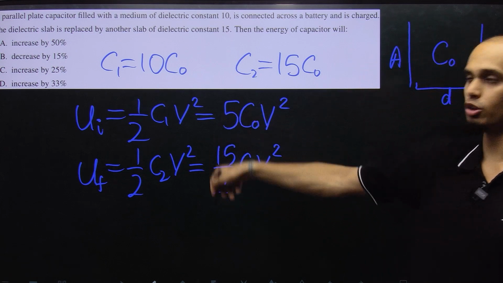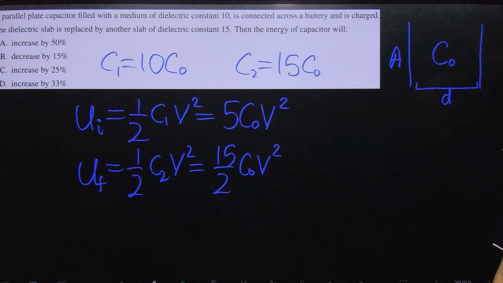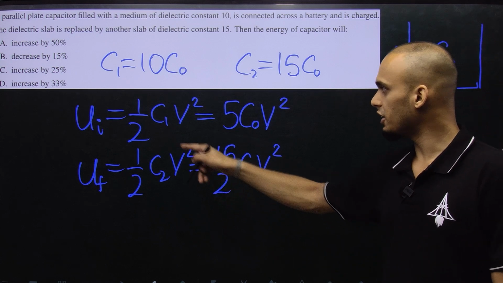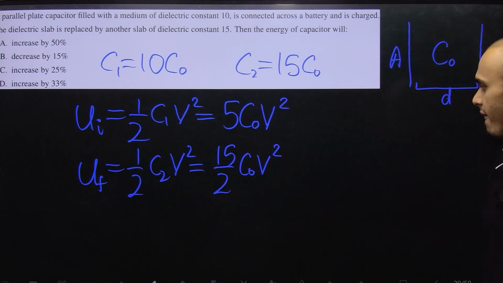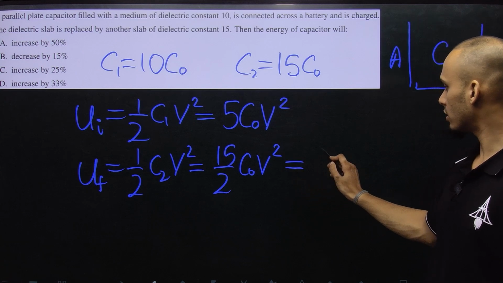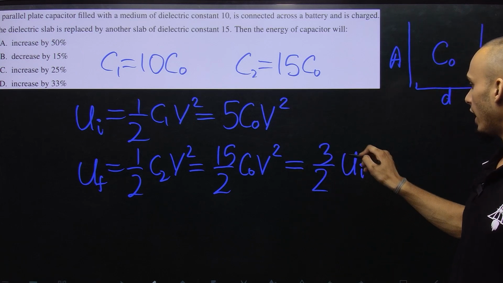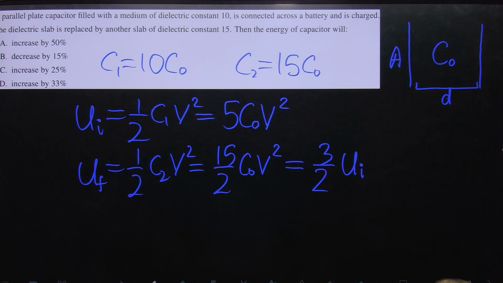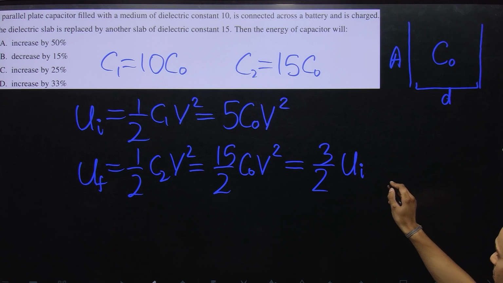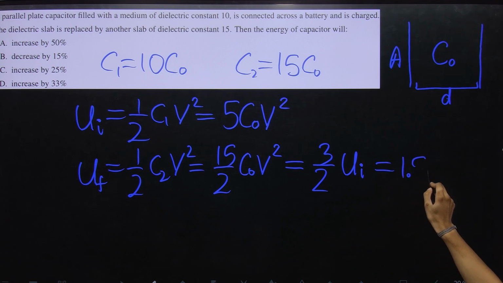We know the value of C naught V squared is U into I. So 15 by 2 into UI by 5 will be equal to 3 by 2 UI.